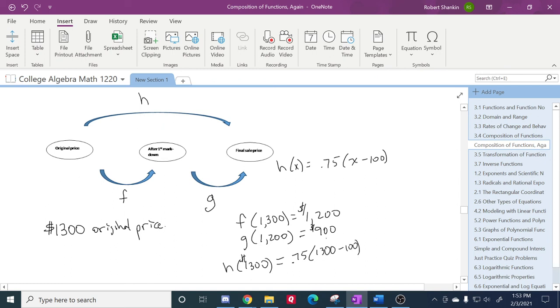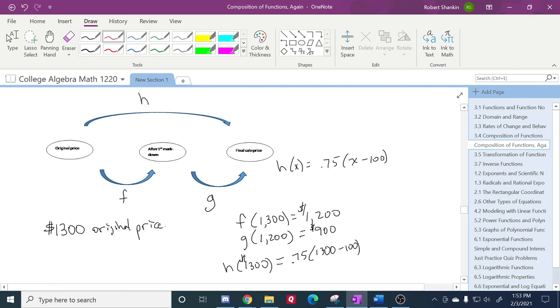Now that turns out to be 1,200. 0.75 times 1,200 is your 900. So notice what H is doing, taking an original price and mapping it to a final sale price. And so that's why it's the upper arch.